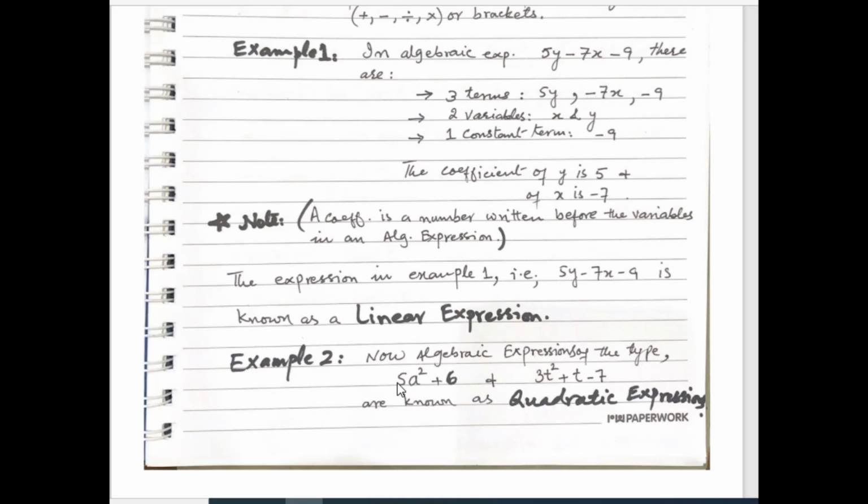First of all, look at 5a square plus 6 and 3t square plus t minus 7. In these algebraic expressions, you are noticing that a has power 2, more than 1. Here in linear, y's power was 1, x's power was 1, but a has power 2.